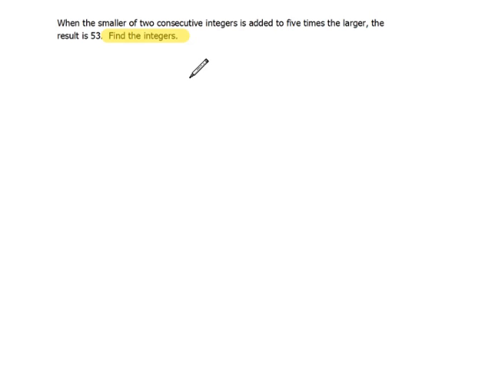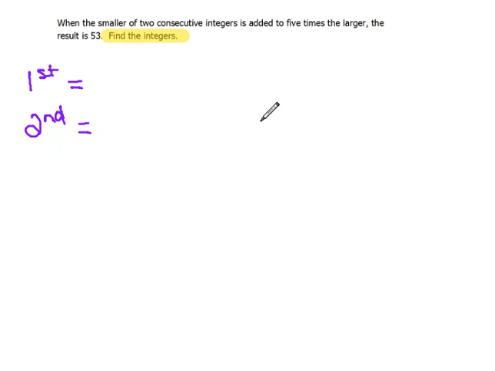And how many integers are we talking about here? We're talking about 2 consecutive integers. So I'm going to be giving my answer as being the first one is, and the second one is. So we're going to let that guide us in figuring out what our variables are going to be.